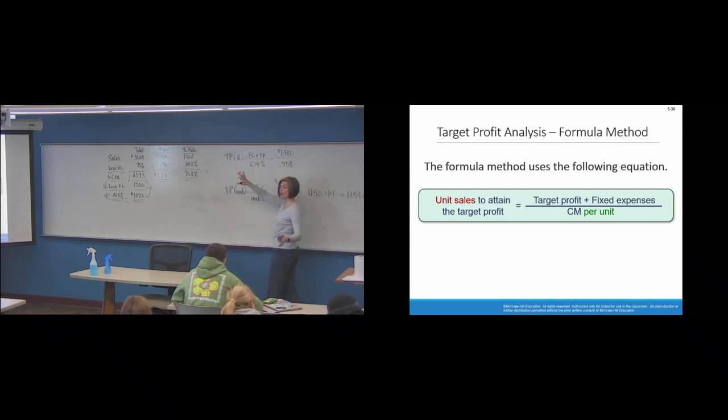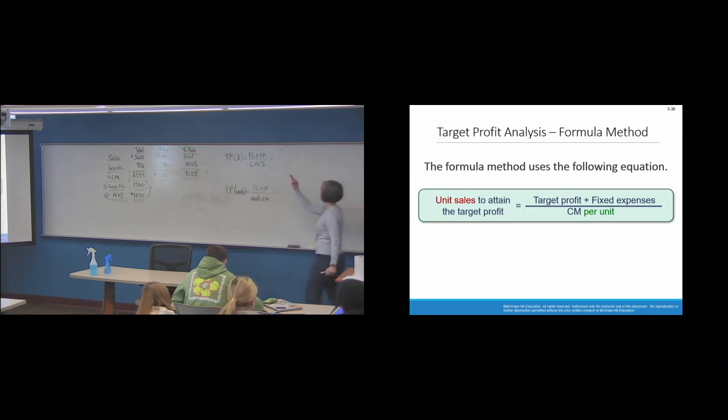When we broke even, my target profit was zero. Now I have to cover both my fixed costs and my target profit. So how many units do I need to sell to achieve a target profit? How many sales dollars do I need to earn?